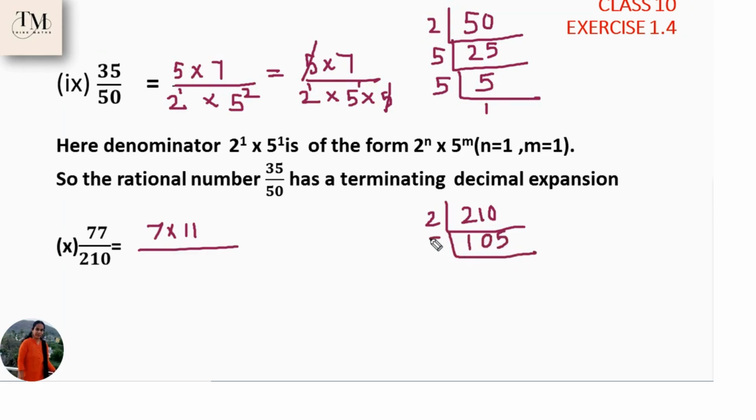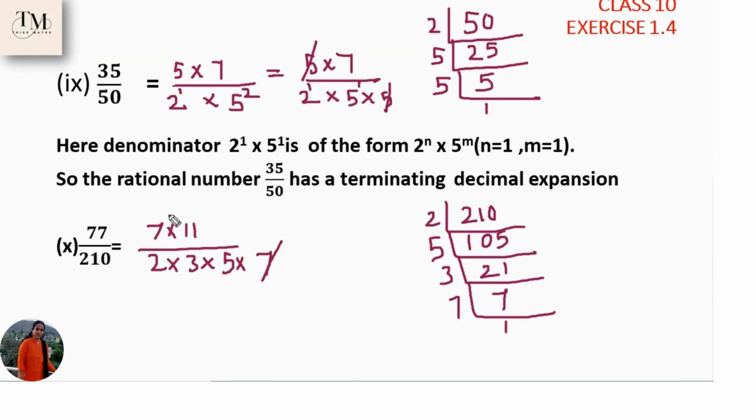So next I will take 5. 5 2s are 10. 1 5s are 5. So this 21 appears in 3 table. 3 7s are 21. So 7 ones. So here the factorization of 210 is 2 into 3 into 5 into 7.